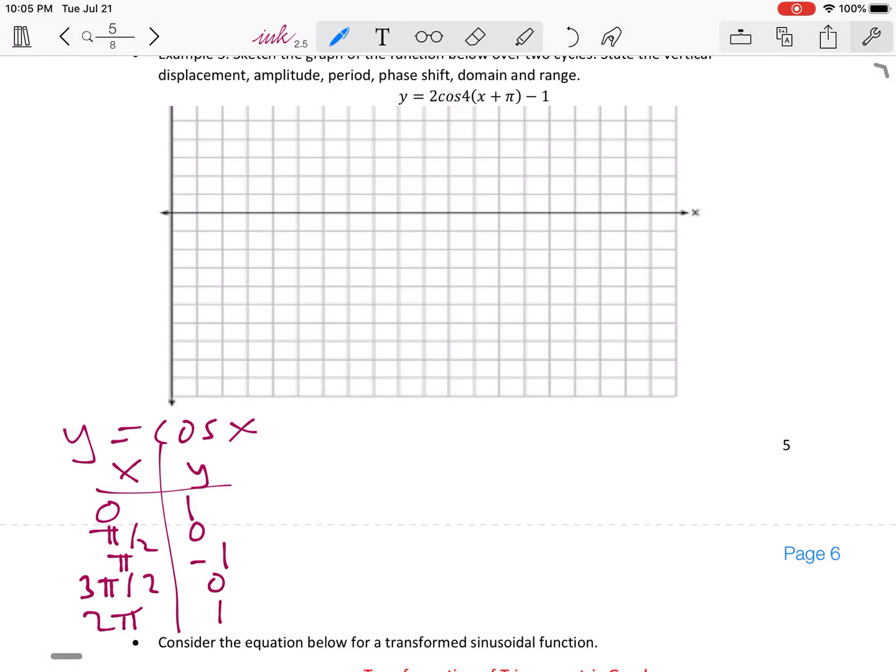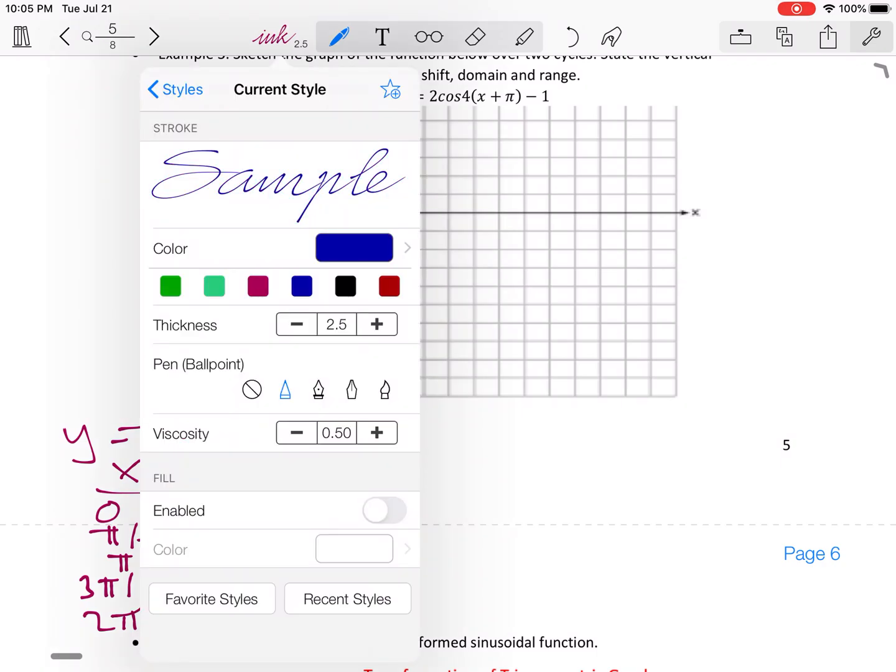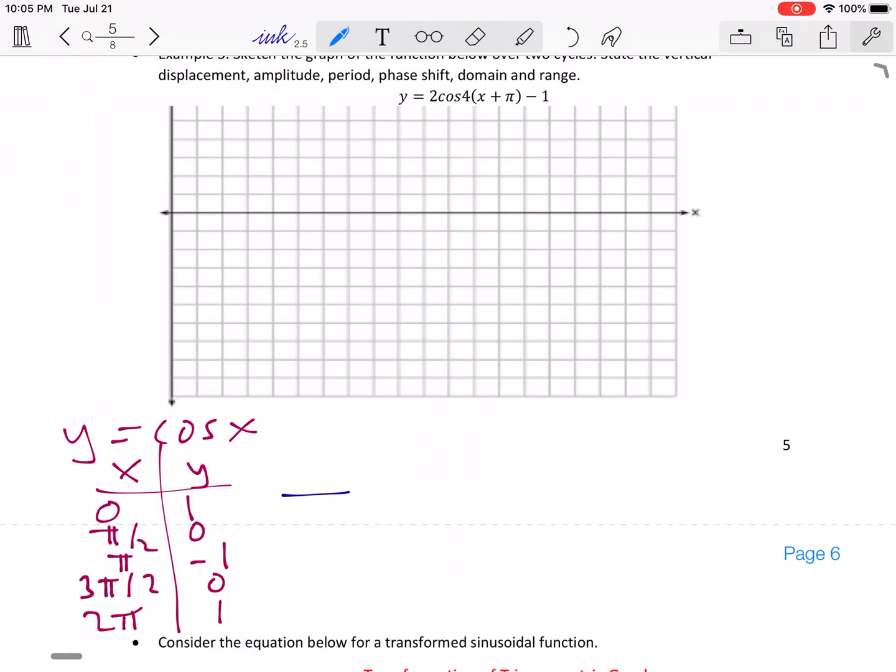Okay, so remember how we did this? We saved the translation for the last part. So we take care of the stretches first. So what's going to happen here is your y, you're going to be multiplying by 2. Okay, so you're going to multiply your y by 2.